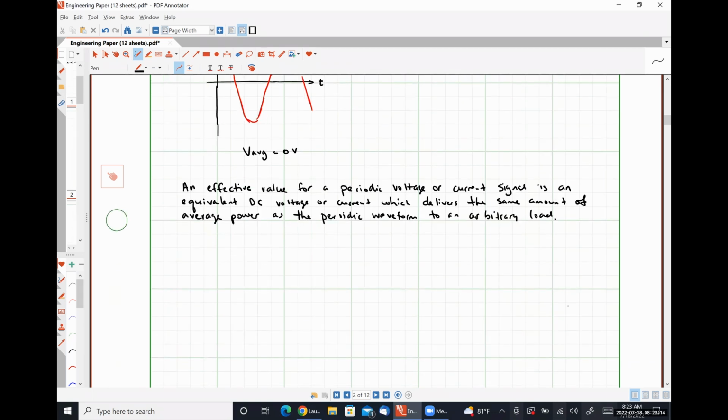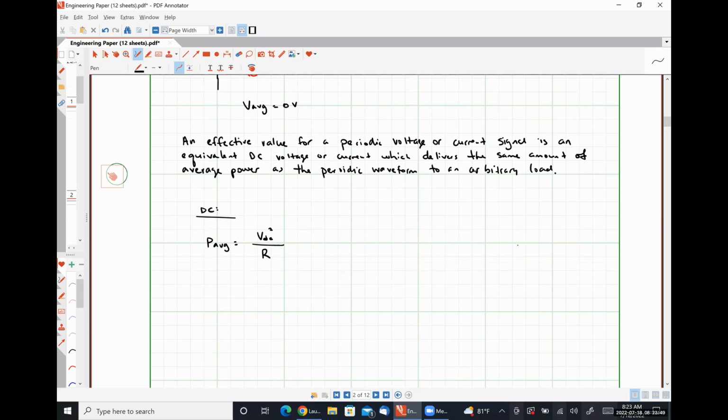So effectively, for a DC system, our average power, P average, can be written as the DC voltage squared divided by some resistance that we're trying to deliver power to, or it can be written in terms of a DC current as well.